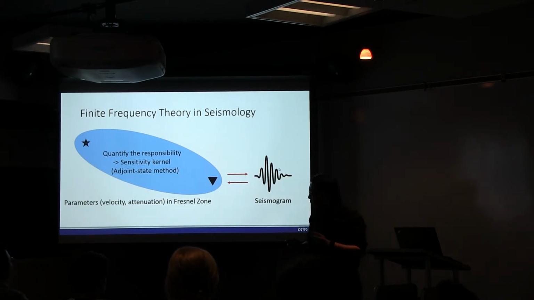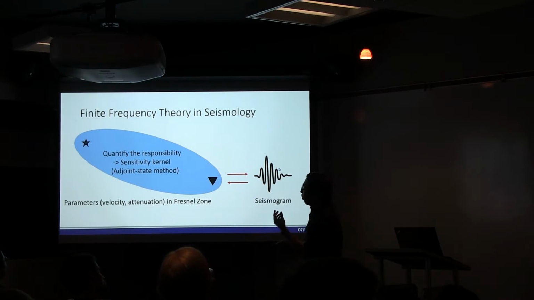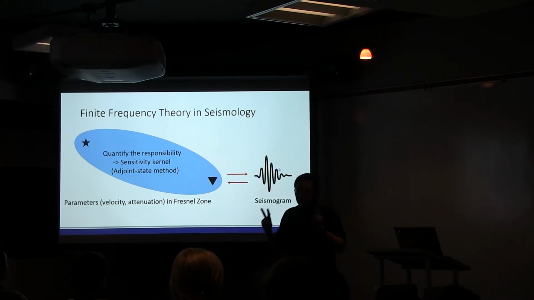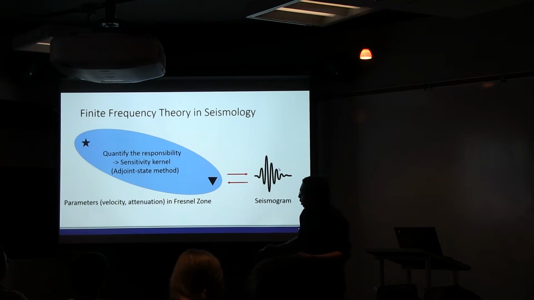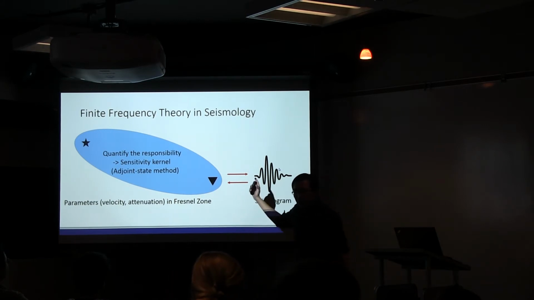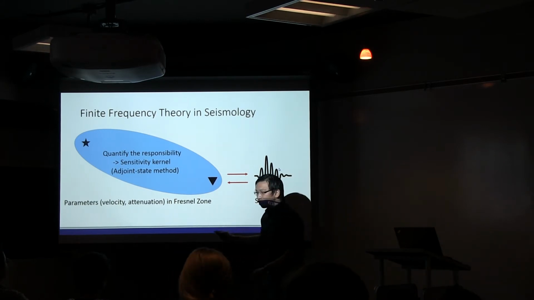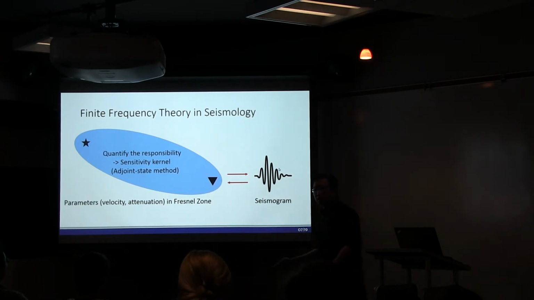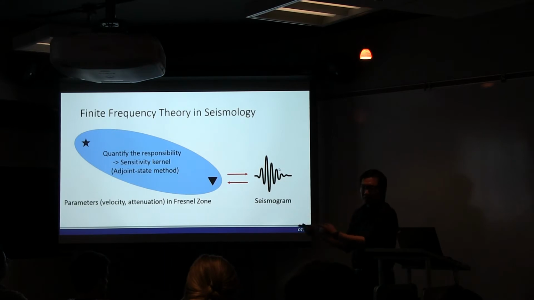However, this responsibility has some sort of variation within this Fresnel zone, and this responsibility is also called sensitivity. Quantitatively, a sensitivity kernel can show us how much each single grid point is responsible for the seismic waveform, and that's the reason why we care about the sensitivity kernel.